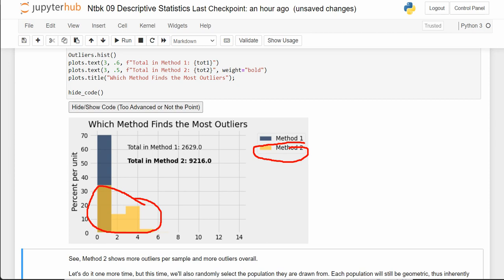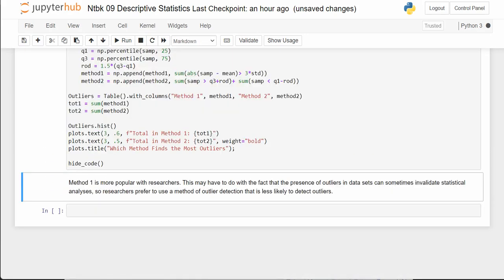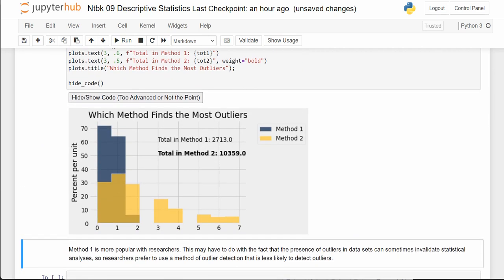The total number of outliers for method 1 was about 2,600, but there are over 9,000 in method 2. Why is this important? Just to show you that they're slightly different calculations, right? We can see what's going on. Again, calculating them both ways. You see here, instead of 2,700 outliers with method 1, here with method 2, there are over 10,000.